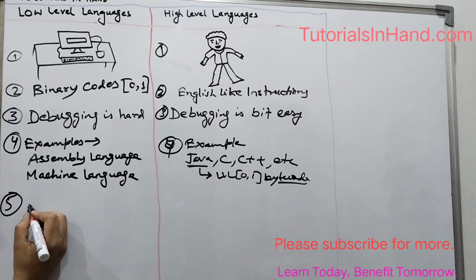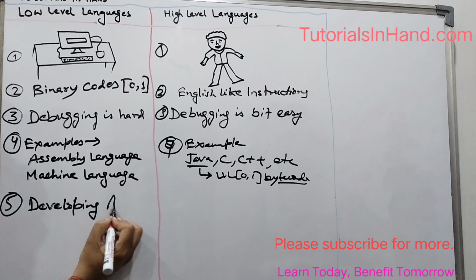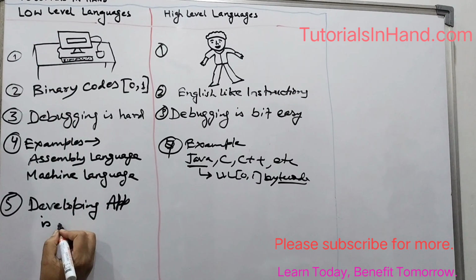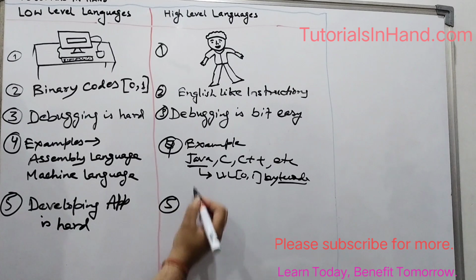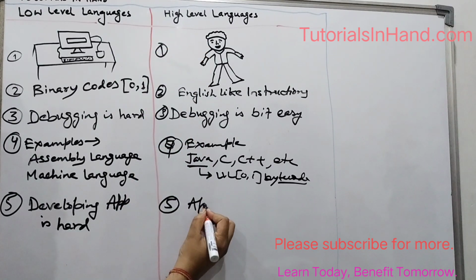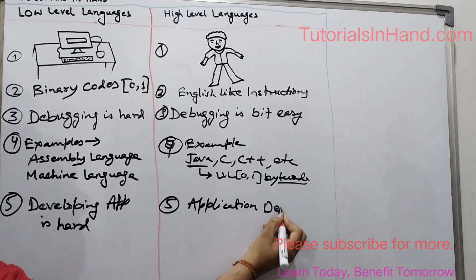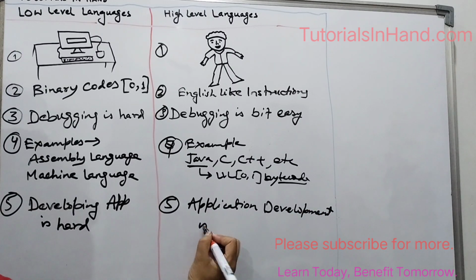Developing an application or app in low level language is hard, and it is not easy in comparison to high level languages, whereas developing an application is easy in high level languages.